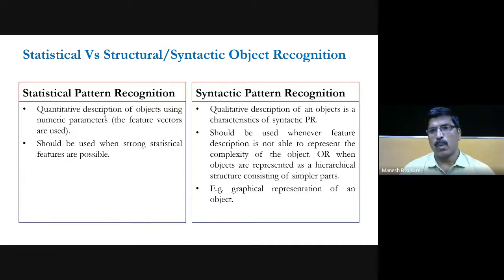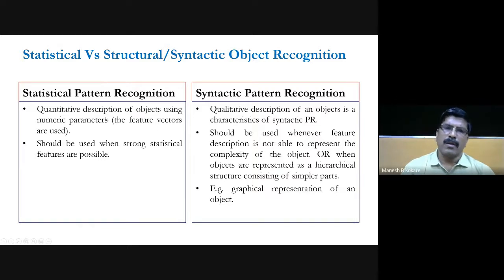Whereas in syntactic pattern recognition, we extract the features by using symbols. Symbols are used for representing the structure of that object. So here the basic feature is a numerical feature, whereas here we are extracting the primitives, which are called symbols.